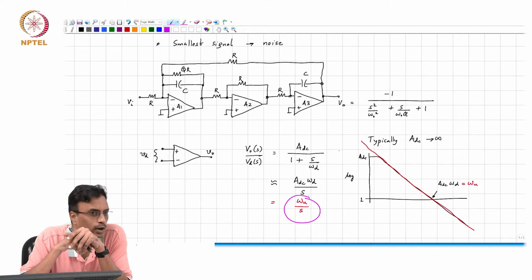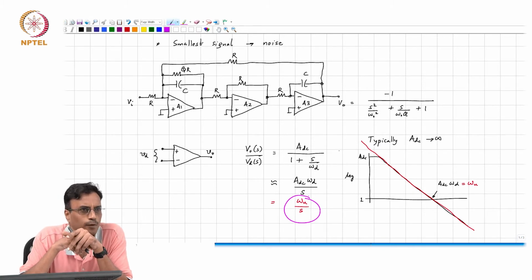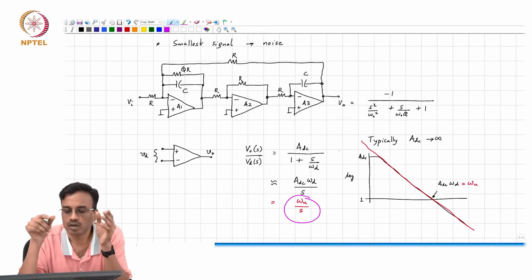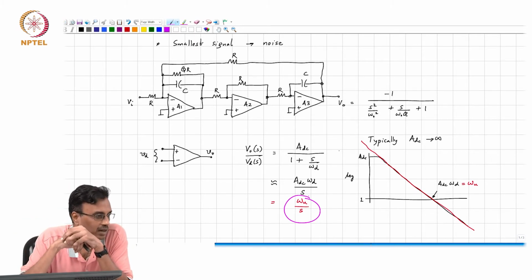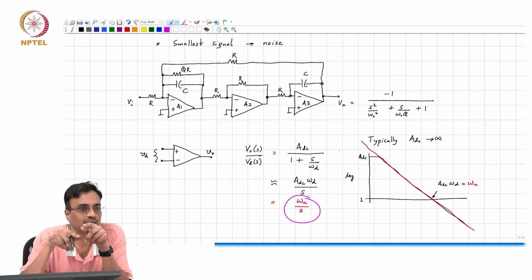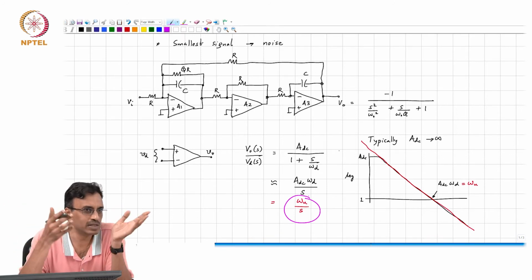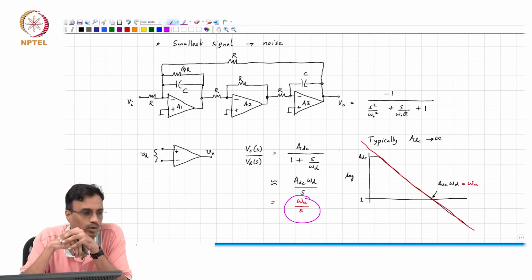Okay. The only hope is that as omega u tends to infinity, the transfer function will tend to a second order one, meaning remember that a fifth order transfer function will have 5 poles, correct. As omega u becomes very large, we will see what that large is going forward.